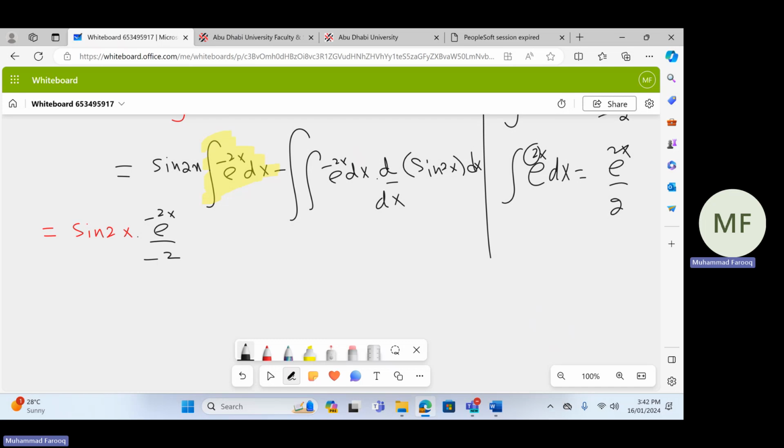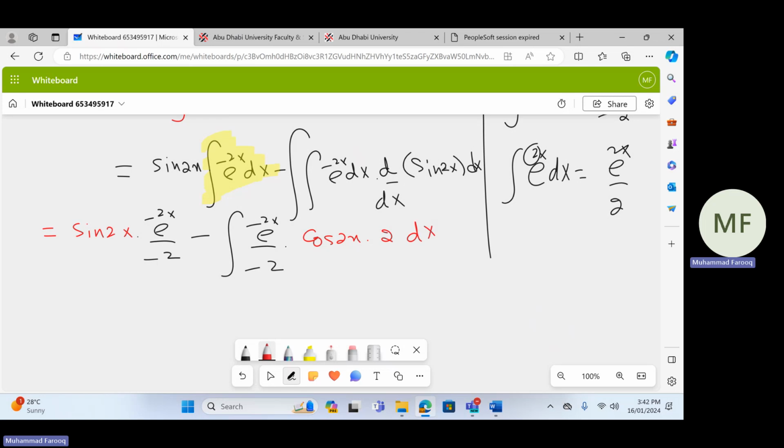So write the shortcut. Now minus the integration: copy paste again, e power minus 2x divided by minus 2, times the derivative of sine 2x. What is the derivative of sine 2x? It is cosine 2x times 2, meaning the function's derivative multiplied by the angle's derivative.